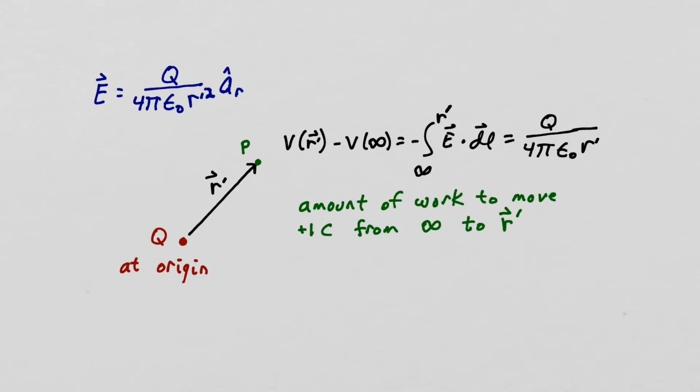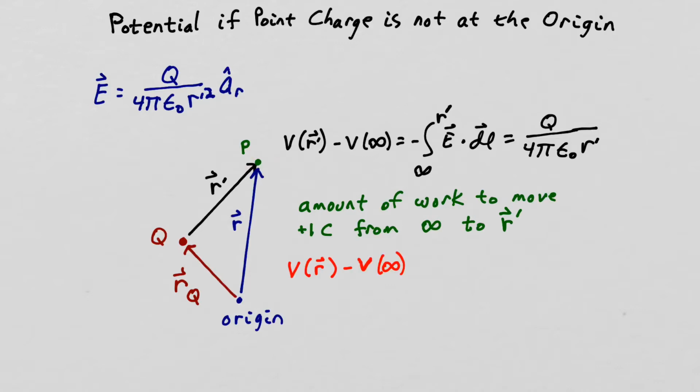Now let's change the location of our origin to this point here. The position vector of charge Q is R sub Q, and the position vector of location P is R. Now we want to find the potential difference between location R and infinity.